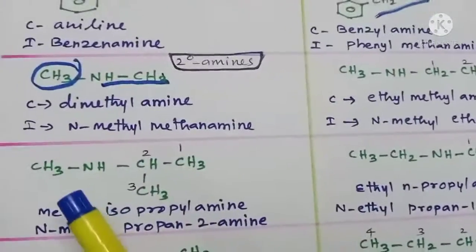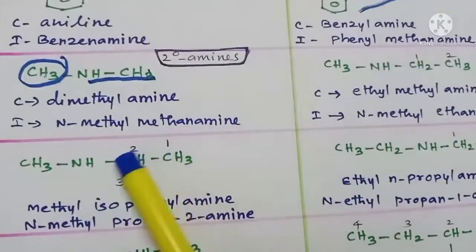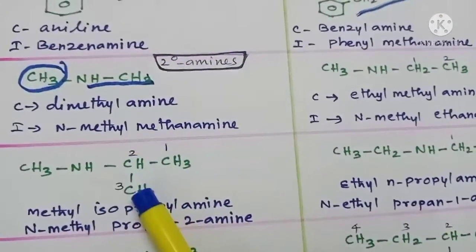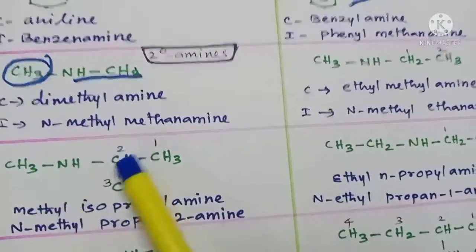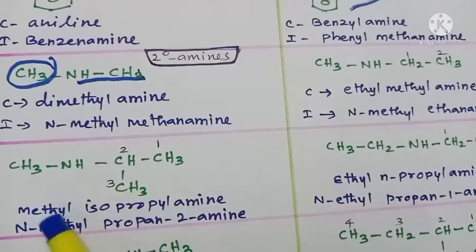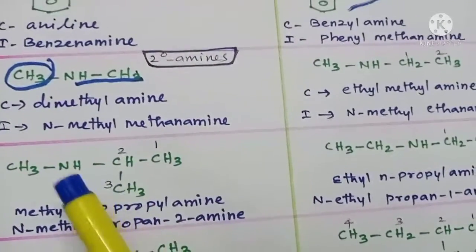Okay, right. Now we go for the next compound. This is also a secondary amine, isn't it? One side is a methyl group, the other side an alkyl group with 3 carbons, propyl branched, so isopropyl. So it is named methylisopropylamine. That is the common name; we have to follow alphabetical order.